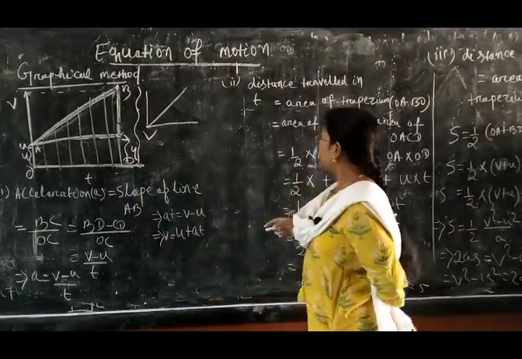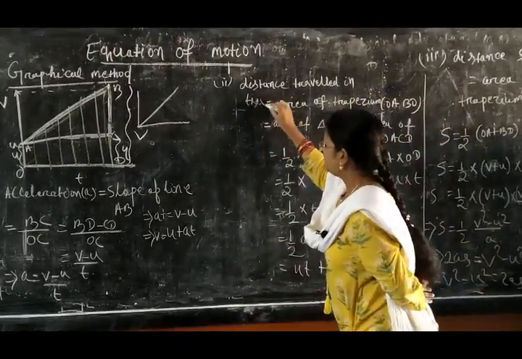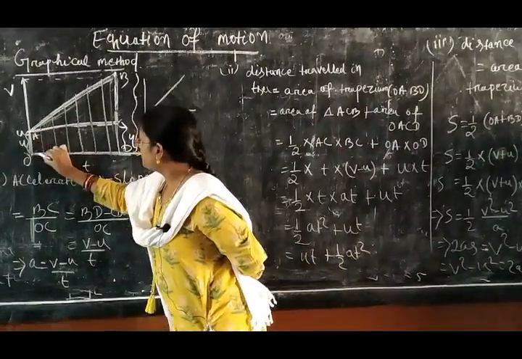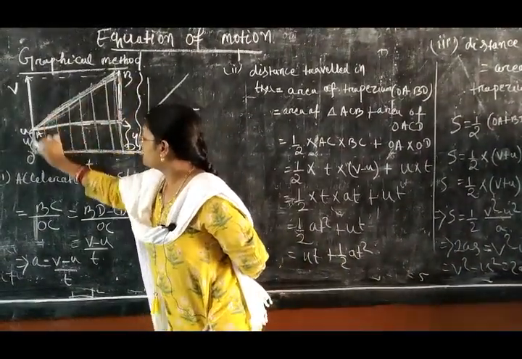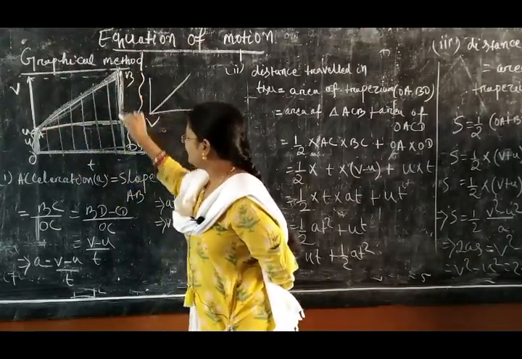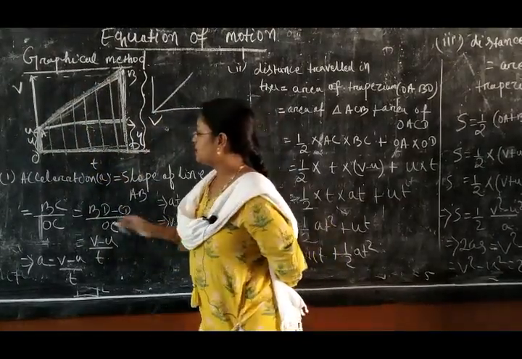So for this you see, the distance traveled in t seconds is equal to the area of this figure, which is known as a trapezium. It has two parallel sides, and these two are the non-parallel sides.